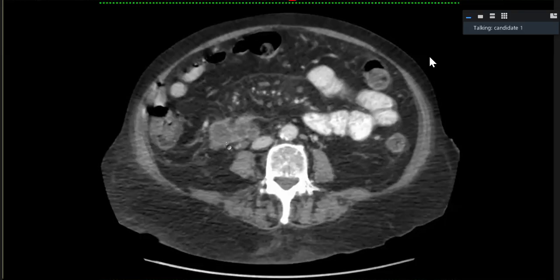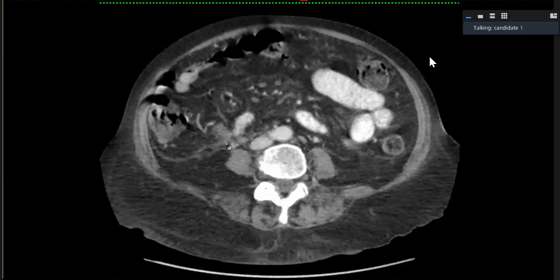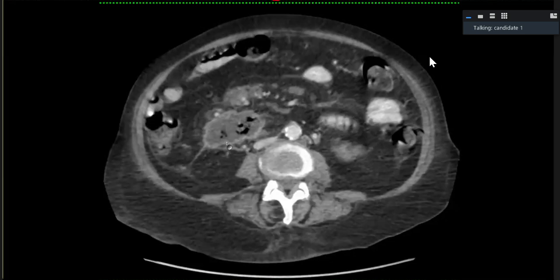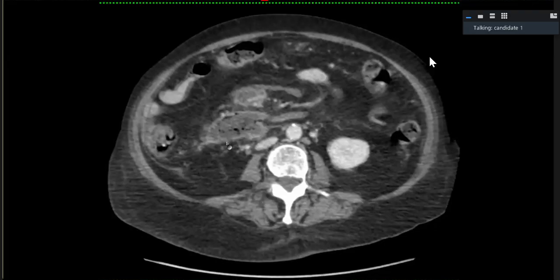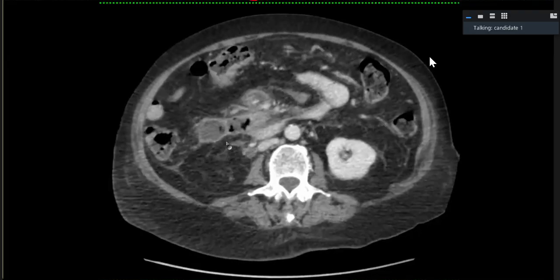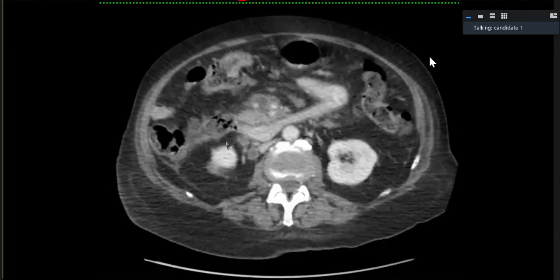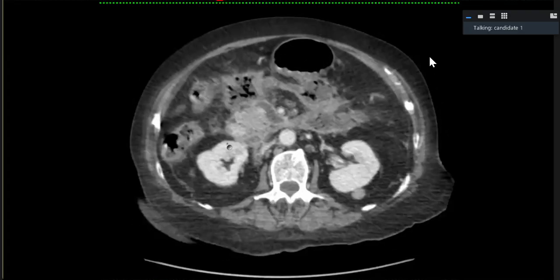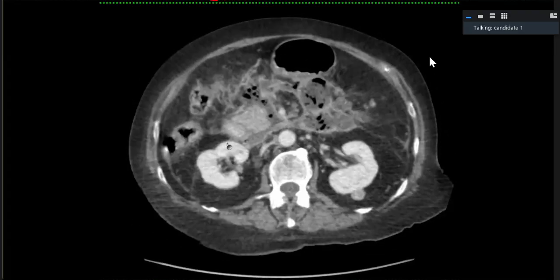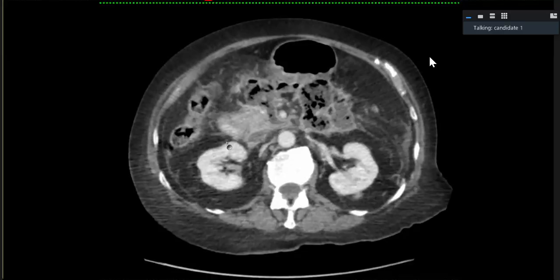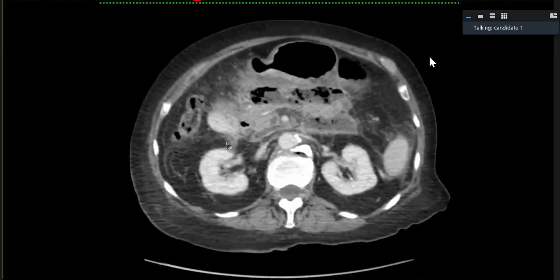I want to see if this lesion, this abscess, is related to the pancreas, as the pancreas is one of the important causes of retroperitoneal fluid collection. The fluid collection is seen extending and not distinguished from the pancreatic tissue.